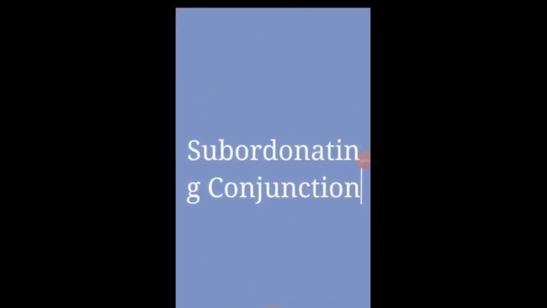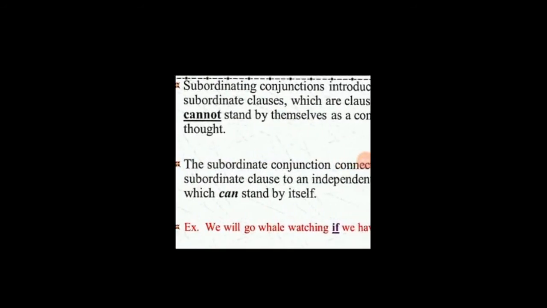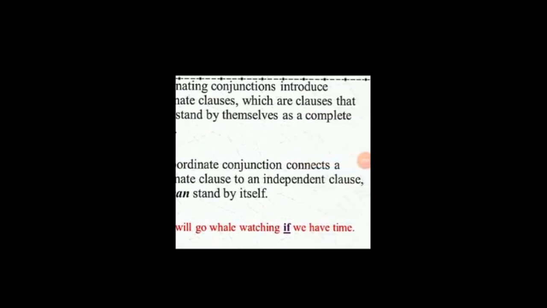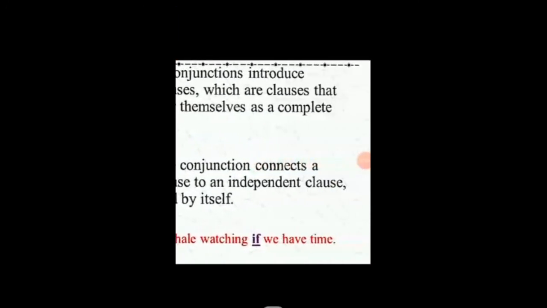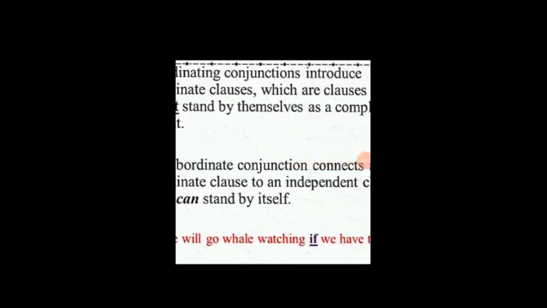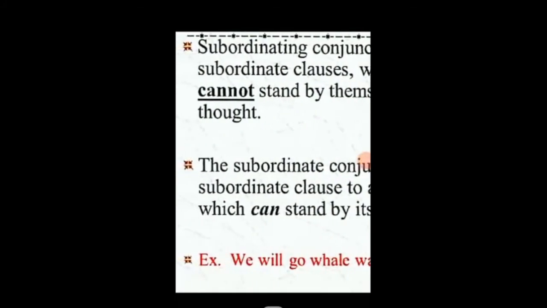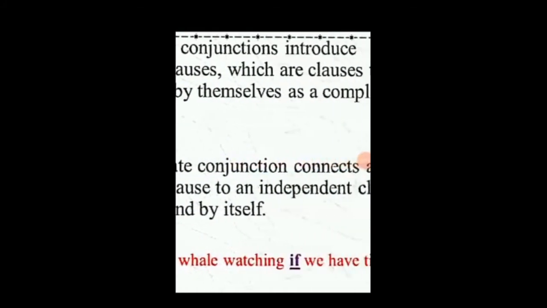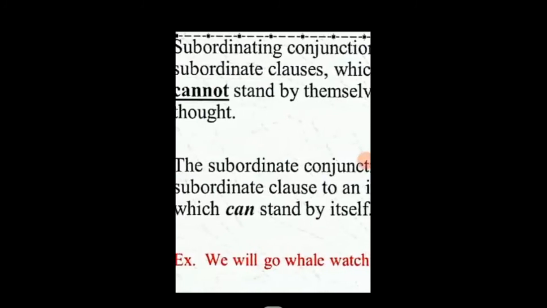The next one is subordinating conjunction. So subordinating conjunctions introduce subordinate clauses, which are clauses that cannot stand by themselves as a complete thought. The subordinate conjunction connects a subordinate clause to an independent clause which can stand by itself.